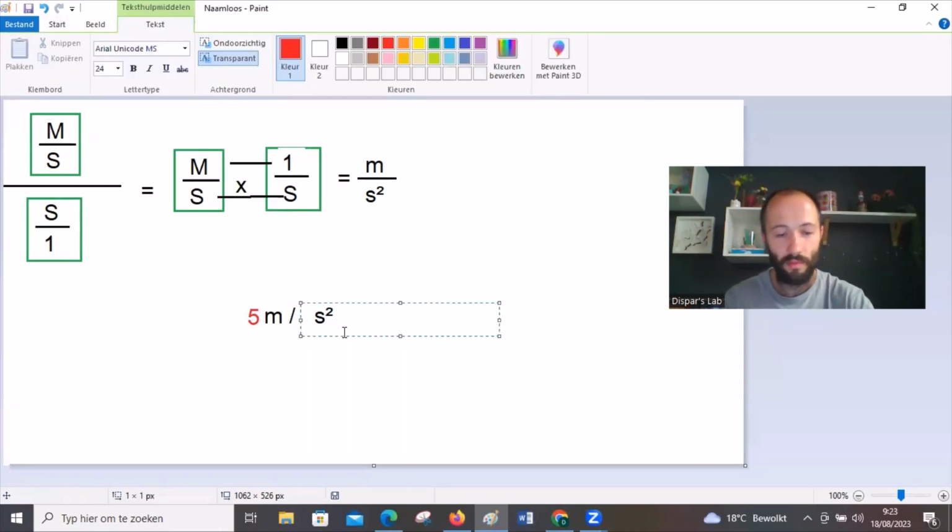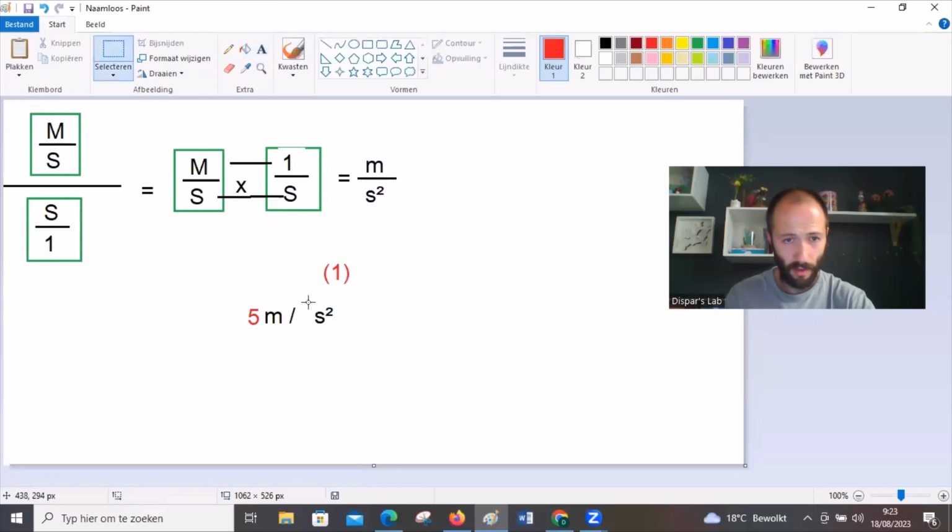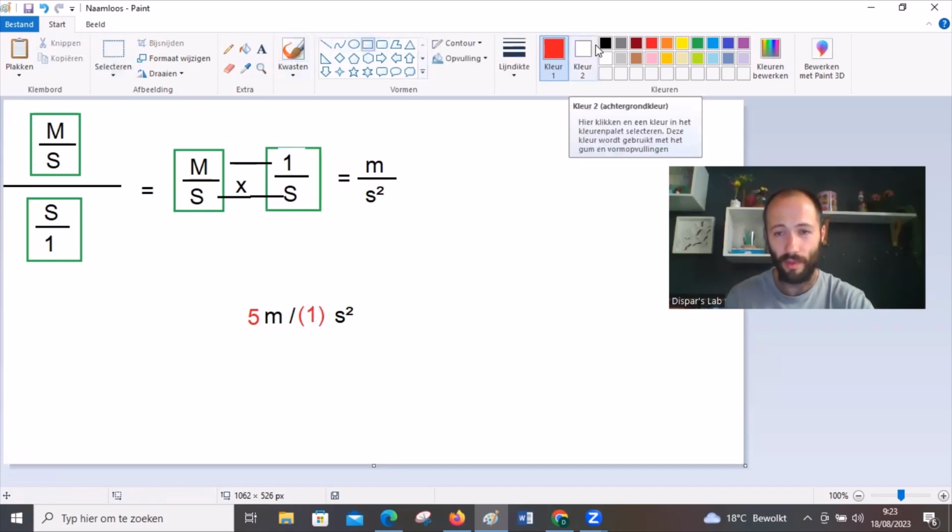Well, there's an imaginary 1 over here. For every 1 second, you are gaining 5 meters per second. The confusion is that you have to square this number. Well, no, it's separate. The numerical values are separate from the units. It's only about the units.